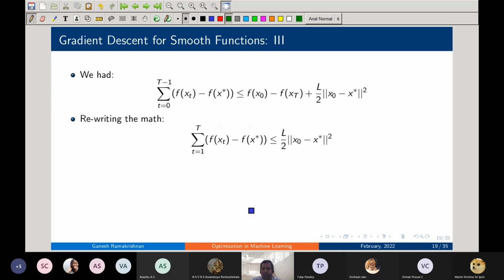What should we do next? This is slightly longer than the previous proof, but we are almost there. The RHS is less than or equal to what? LR square by 2. Okay, let's write that down.